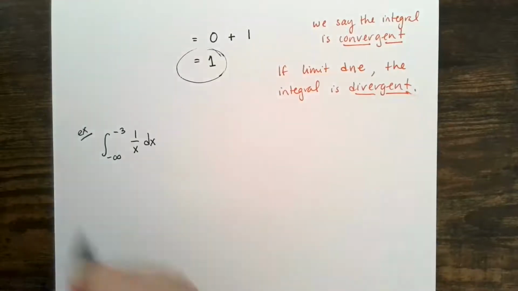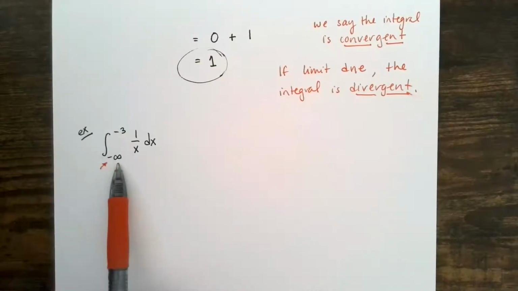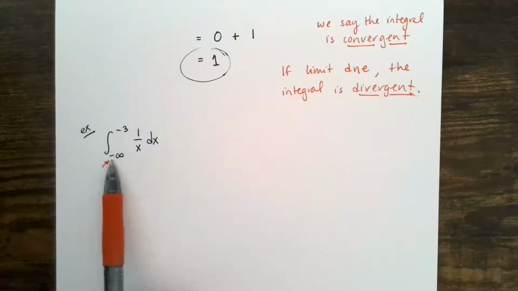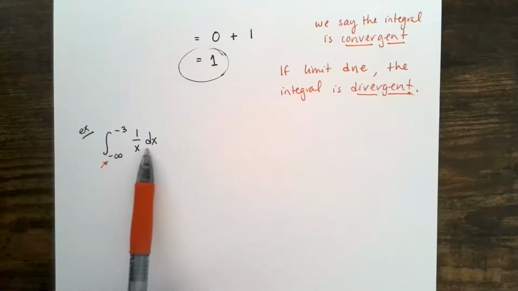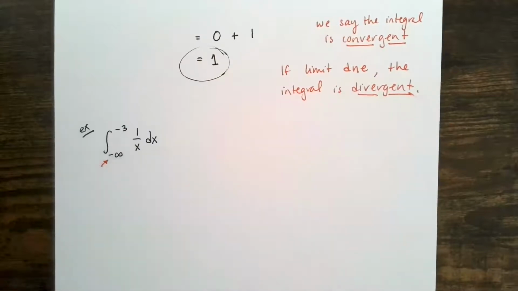So for this problem, what makes it improper is the negative infinity as the bottom bound. So my first move, again, is going to put a letter here and then limit that letter to negative infinity instead. Any letter is fine except for x because it's already being used. I usually use a for the bottom bound here, but that's not especially important.